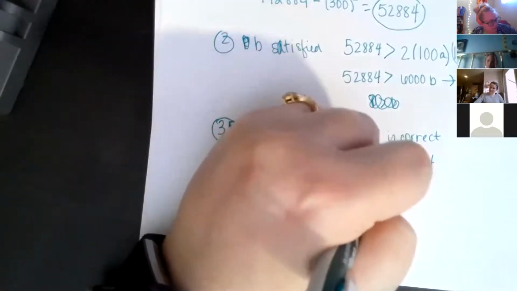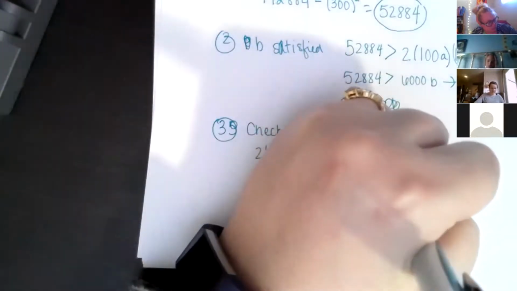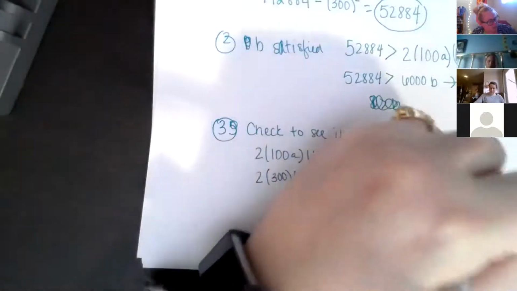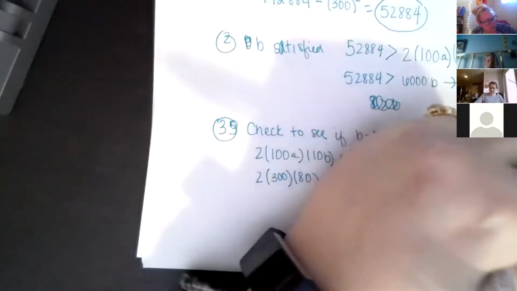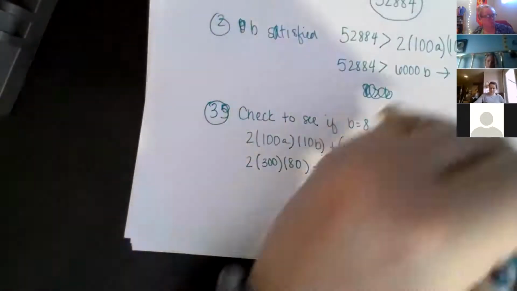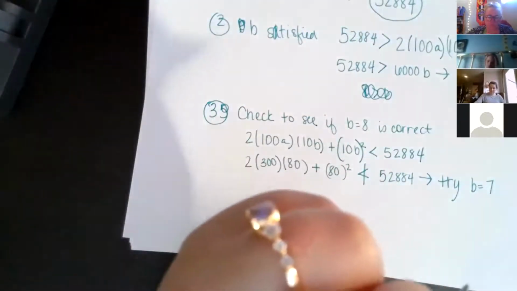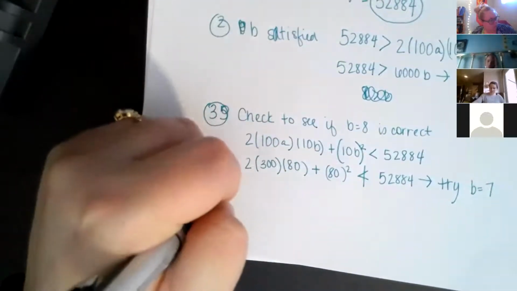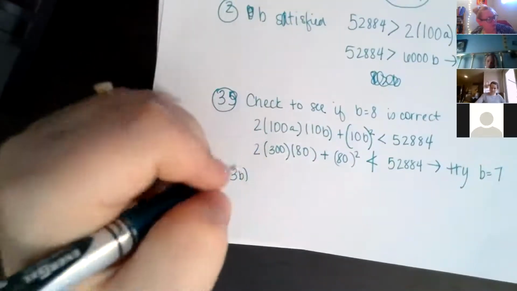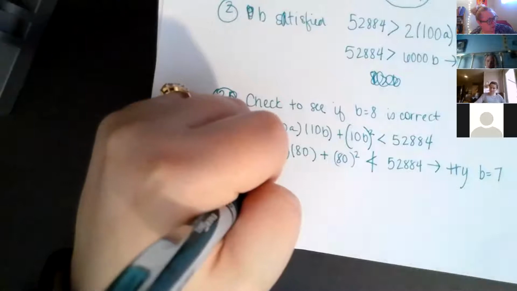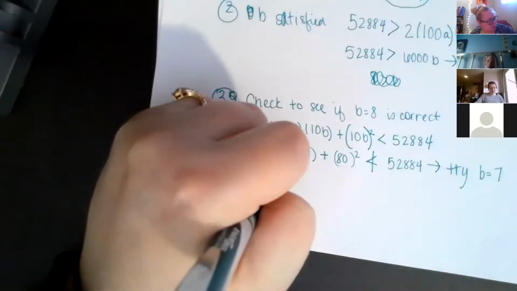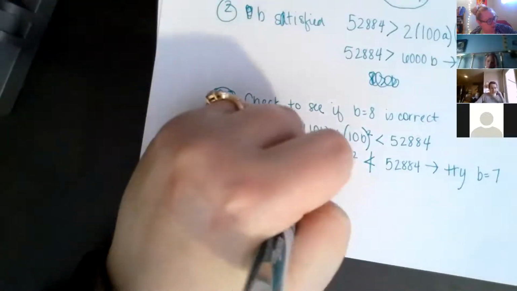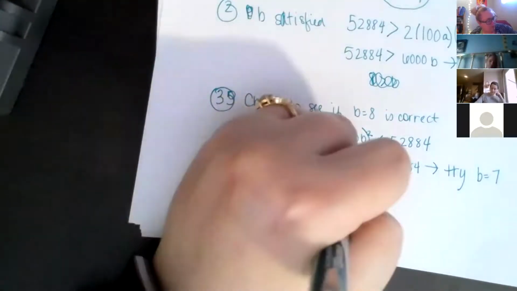And that's not true. So try B is 7 now. So let's call this 3B. 2 times 300 times 70 plus 70 squared.